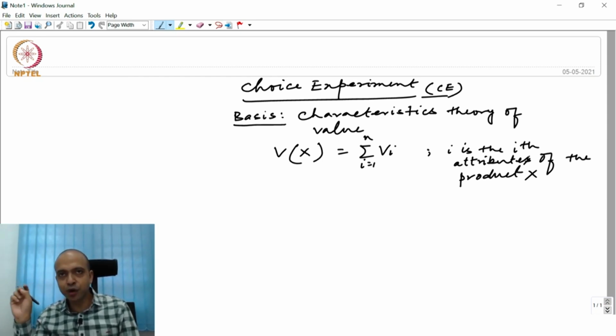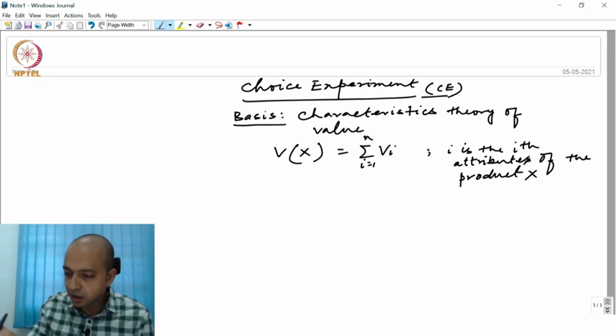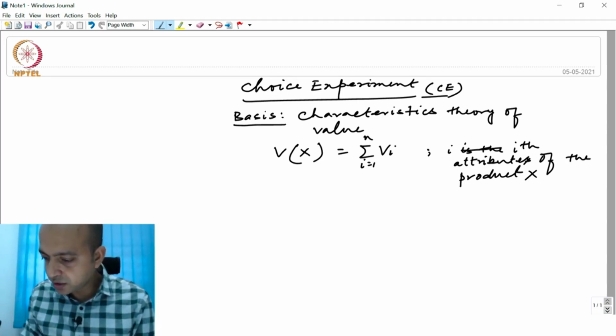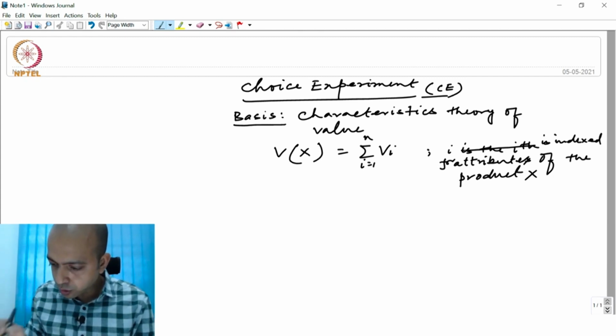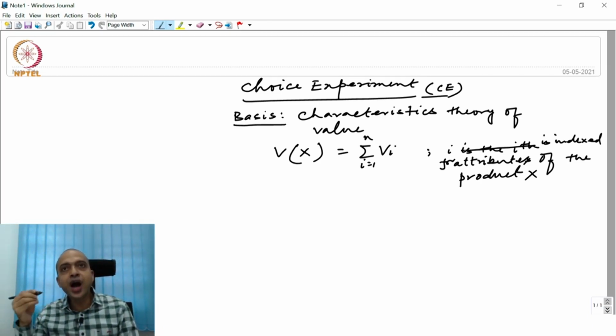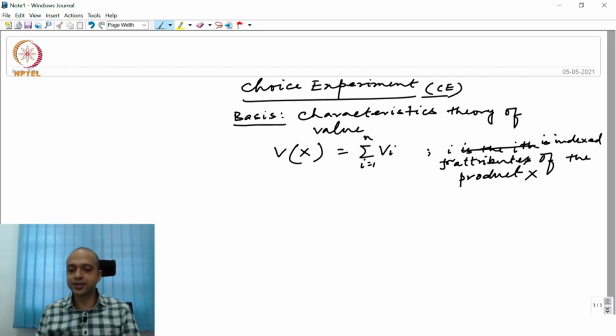If we assume there are n such attributes of the commodity or product X, then the value of X is the summation of Vi, where i is indexed for attributes of the product, and Vi is the value of the ith attribute of the product X.